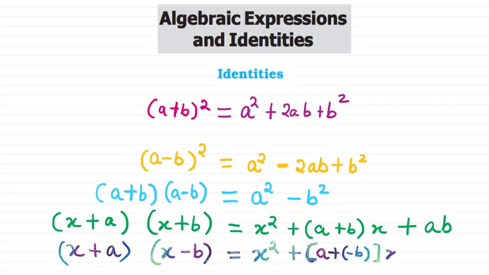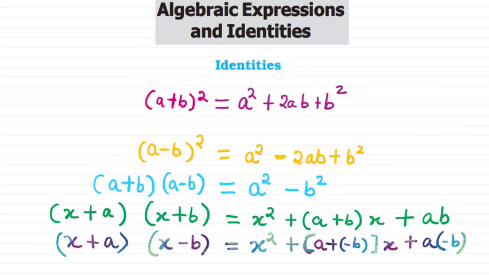So the same formula you can use here: a and then minus b, and you know that a into minus b will give you minus ab. So here you'll get x square plus a minus b into x minus ab. The same way you can do it for minus a also.